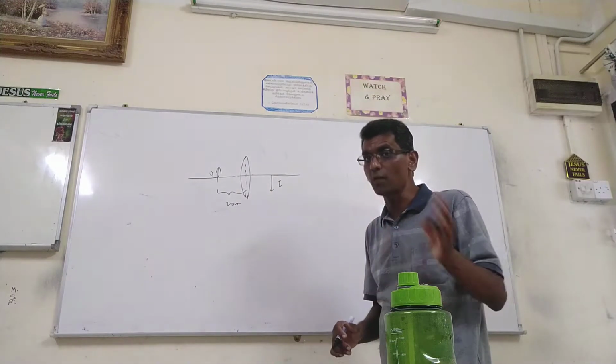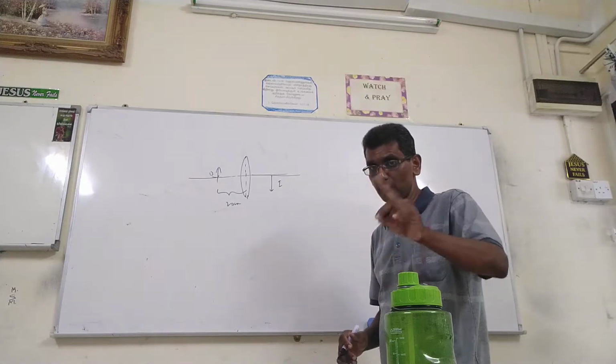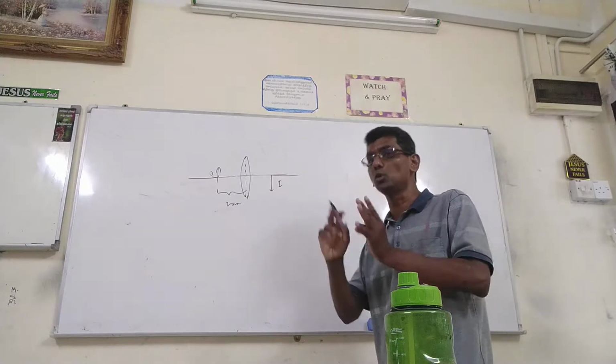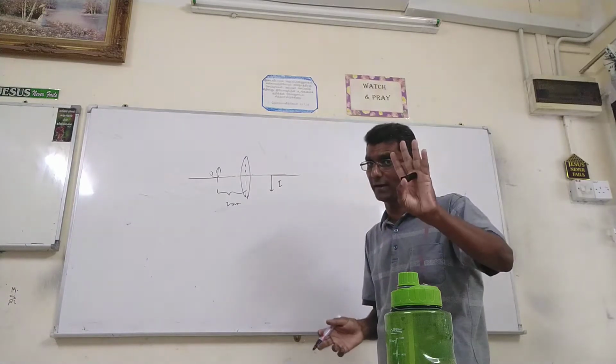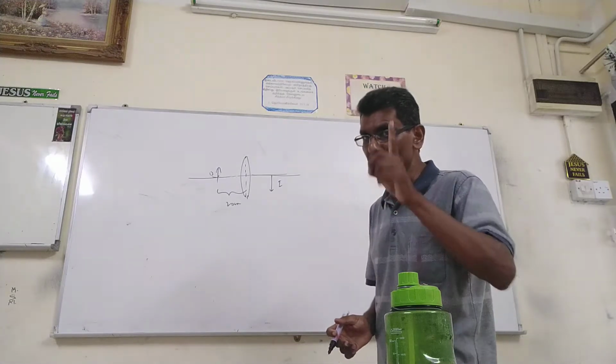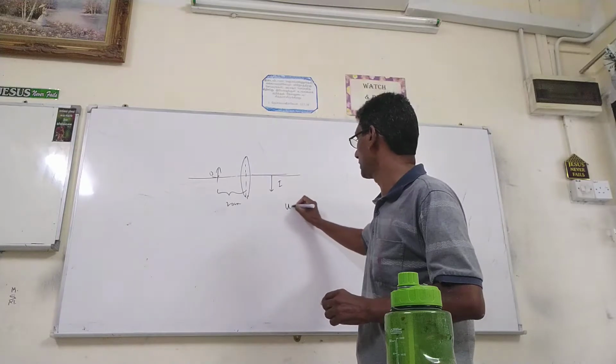Which category out of the 5 I gave you? U less than F, U equals F, U between F and 2F, U equals 2F, U more than 2F. Which diagram shows the image is the same size as the object? This diagram: U equals 2F.